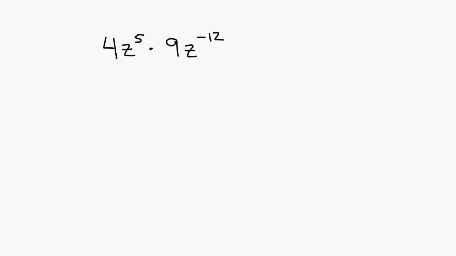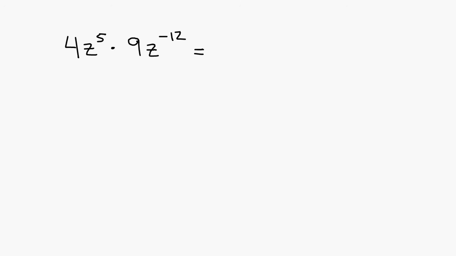All right, so here's where the rule gets expanded. In this case, you've got 4z to the 5th times 9z to the negative 12th. The z's are the only thing raised to a power. So when you're simplifying these types of problems, the first thing you're going to do is take the 4 and multiply it by the 9, the constant times the constant.